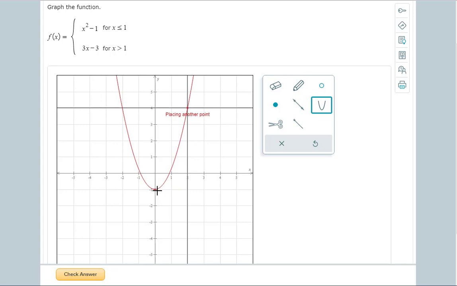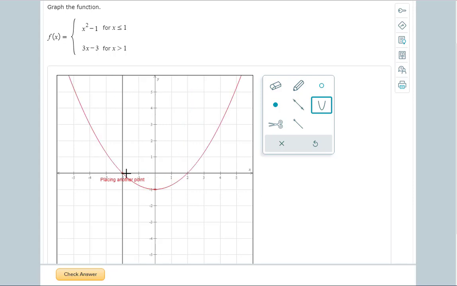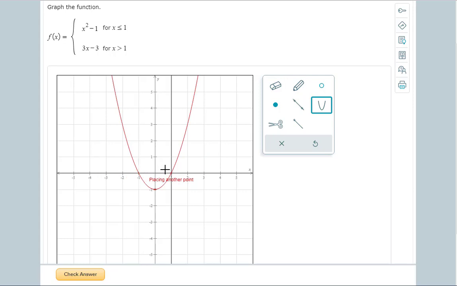Now, it wants to know where is another point because I need to figure out how wide this thing is. Well, again, what makes x squared minus 1 equal 0? That's x equals 1. All right, so there's my parabola. It looks good, except it must stop at x equals 1.